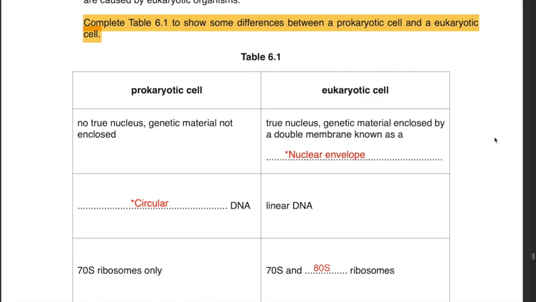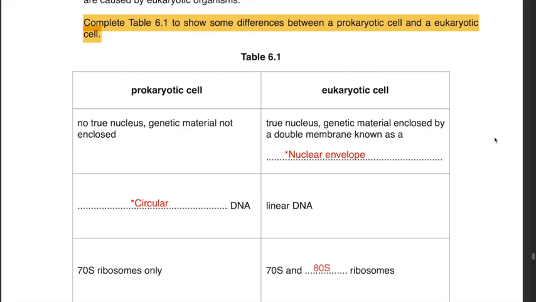Remember, if there is a double membrane surrounding a nucleus, the double membrane is known as an envelope, and since it is a nucleus, it is a nuclear envelope. Therefore, the answer is true nucleus, genetic material enclosed by a double membrane known as a nuclear envelope.